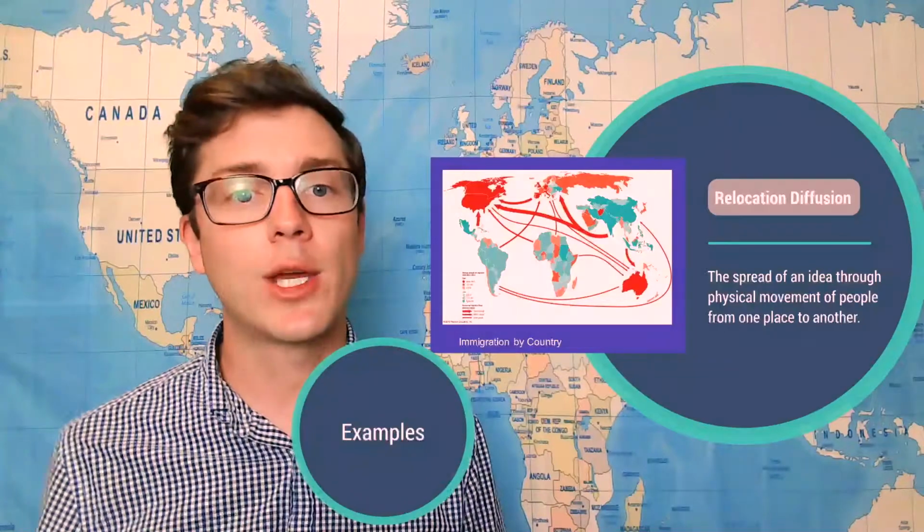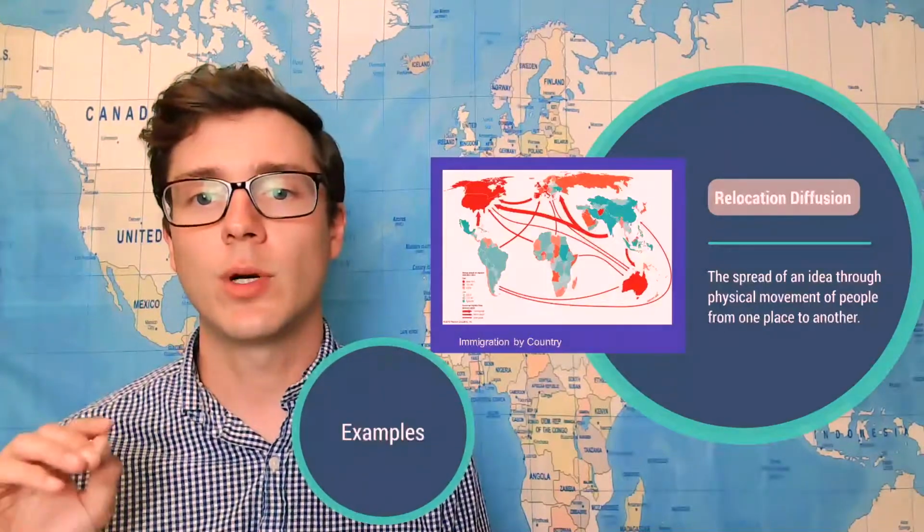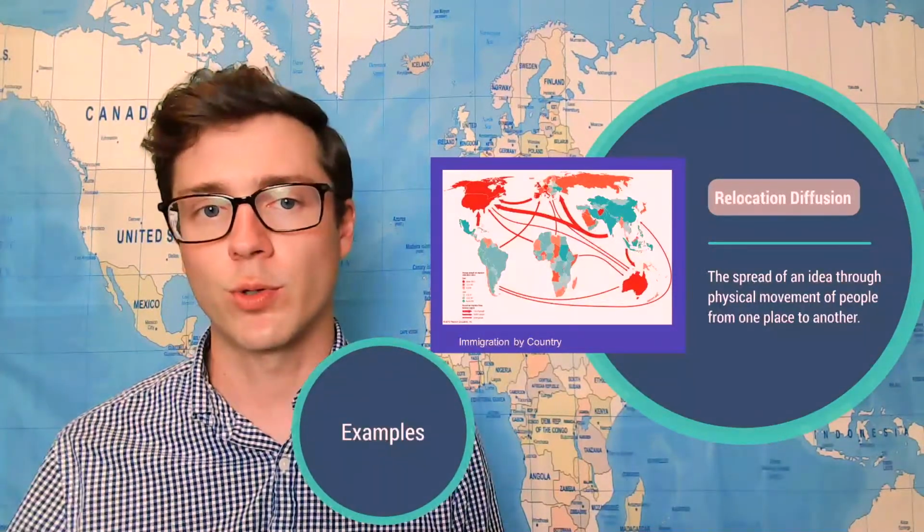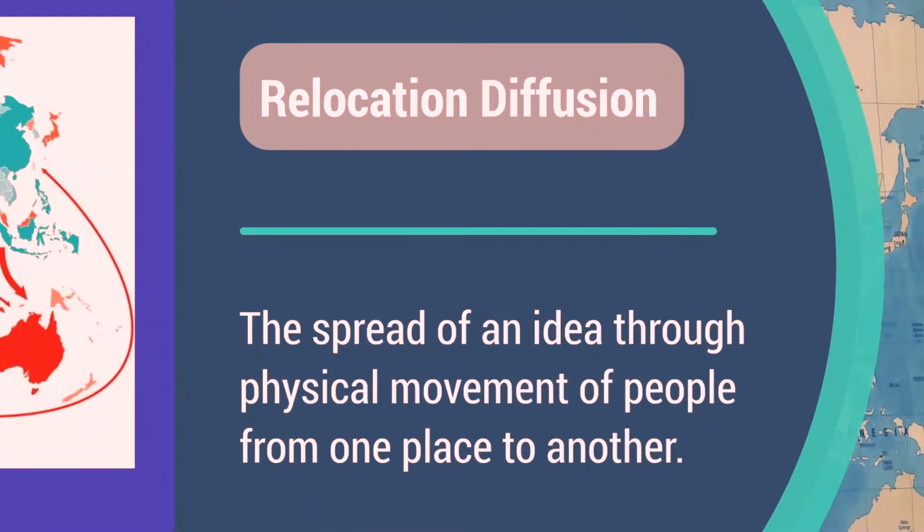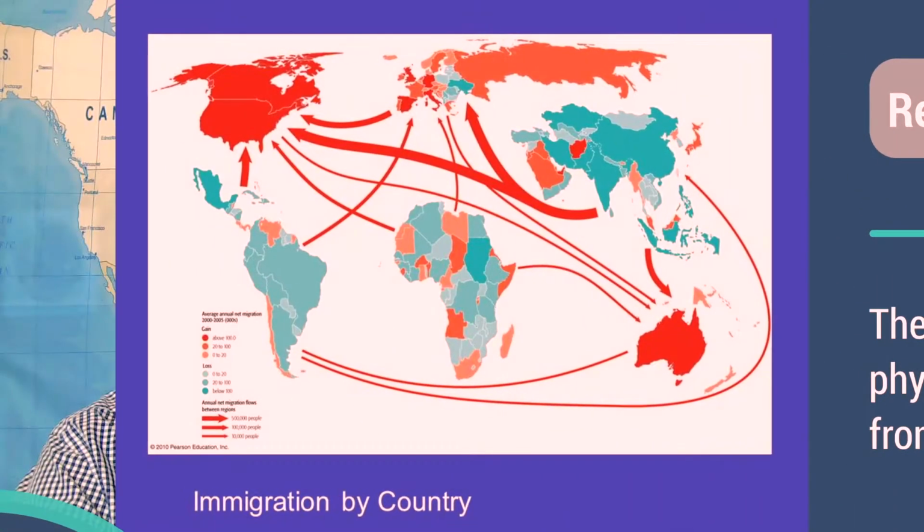And when they go there, they continue to practice that cultural trait. So we can see here that immigration plays a major part in relocation diffusion because someone immigrates from one country to another and they take the cultural trait with them.